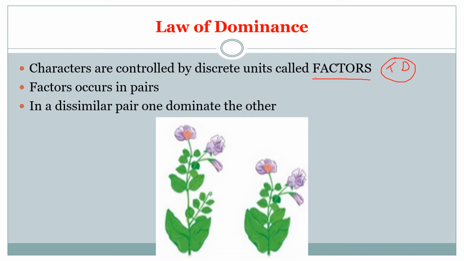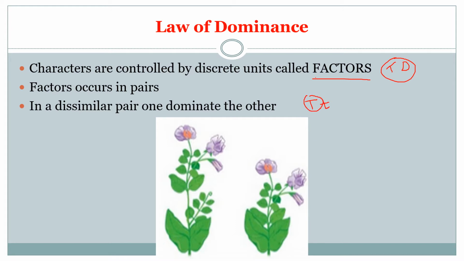In case of a dissimilar pair of factors, one dominates the other. Dissimilar means heterozygous condition, for example T and small t. So here the capital T dominates over the small t.